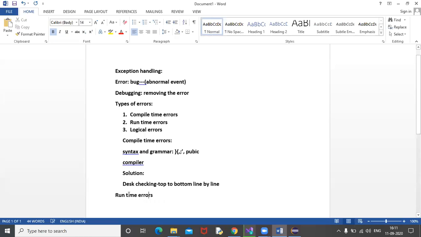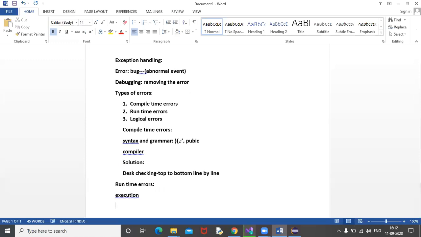So runtime errors, as the name itself tells, are generally caused at runtime, at execution time. These are getting generated at execution time.